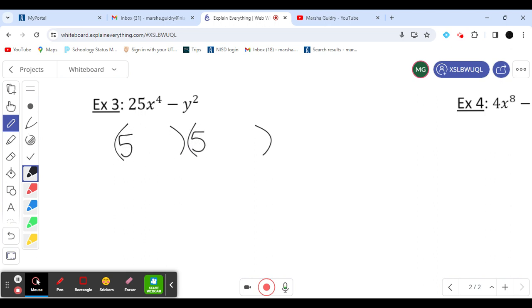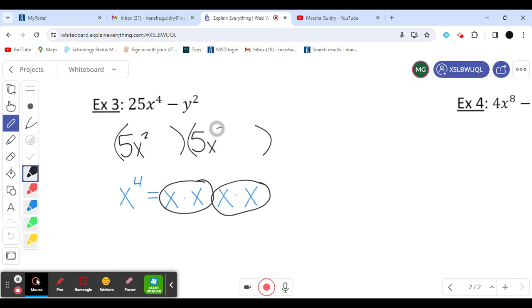And again, we already did our x to the 4th power, but we'll do it again just to be sure that we understand. X to the 4th just means x times x times x times x. And I see that I have a group of x's here and a group of x's here. That's an equal set. So x squared times x squared. And then we have our y squared there at the back.